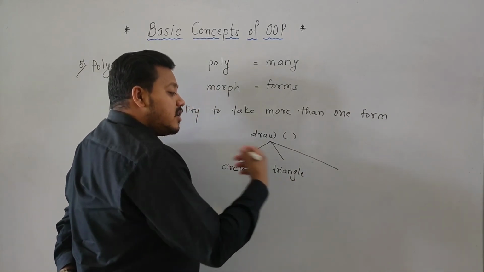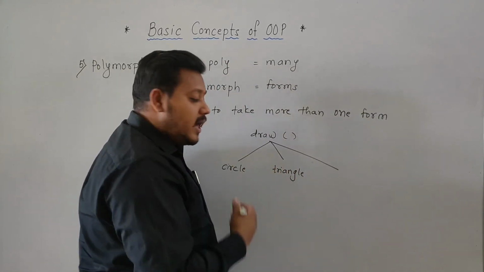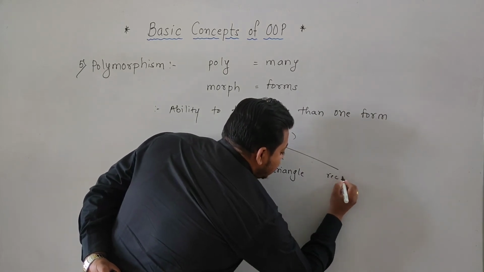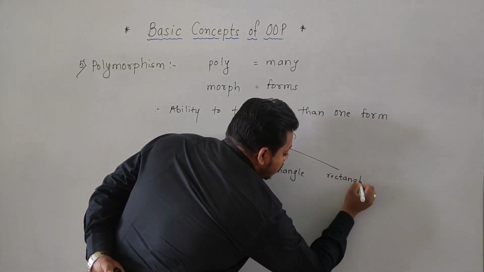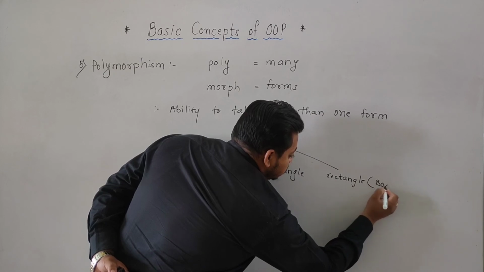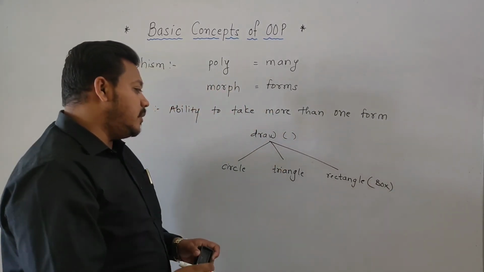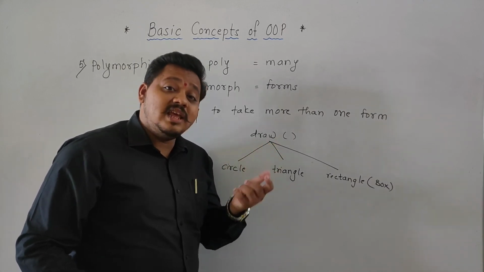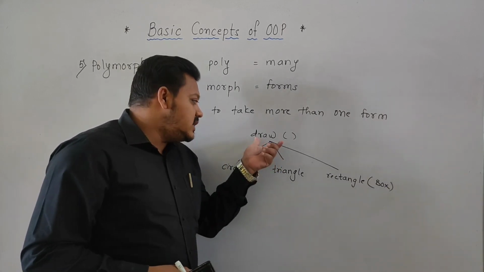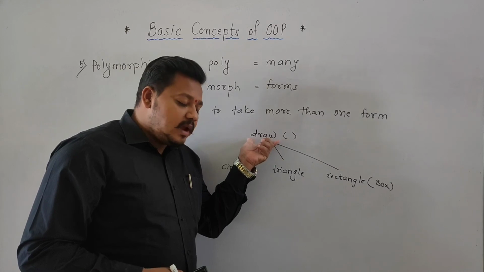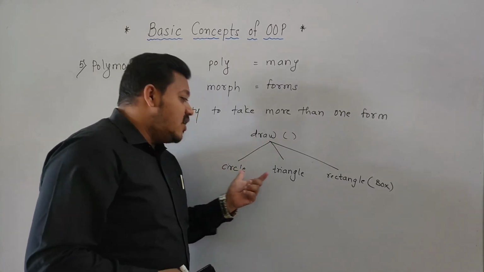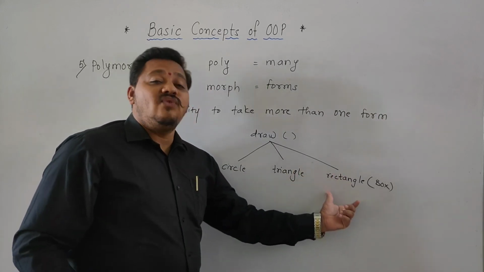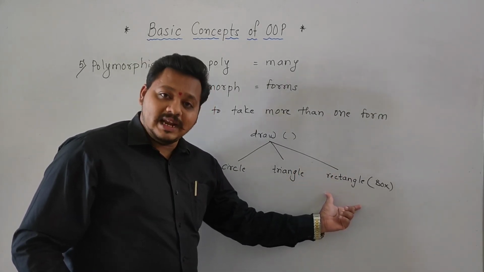Suppose I give four parameters, it is going to draw a rectangle, or we can say a box. So the function is only one, and the name is draw. When I pass two parameters, it draws a circle. When I pass three parameters, it draws a triangle. When I pass four parameters, it draws a rectangle.